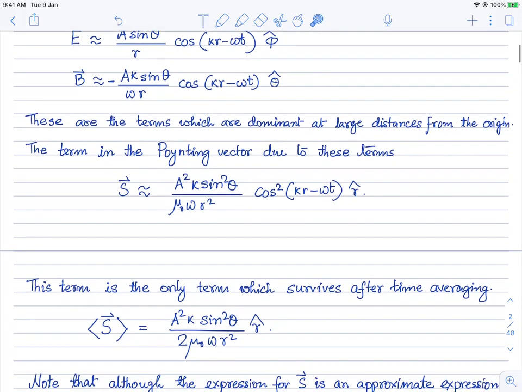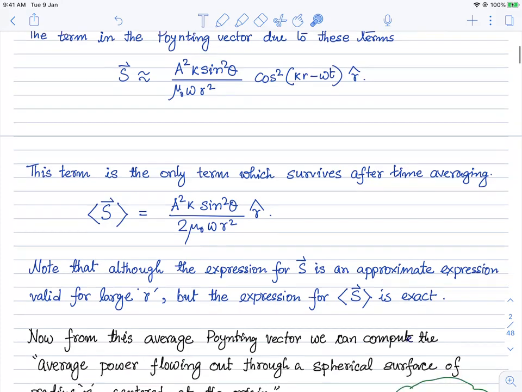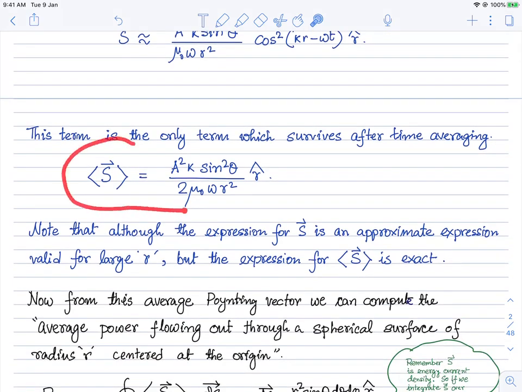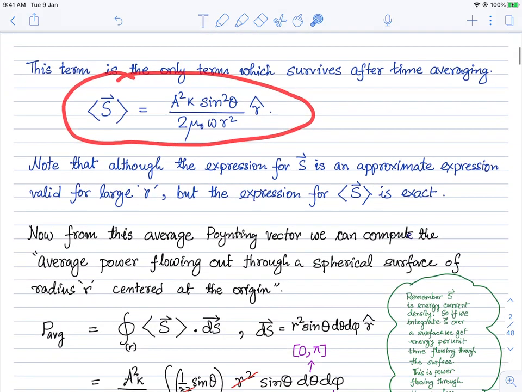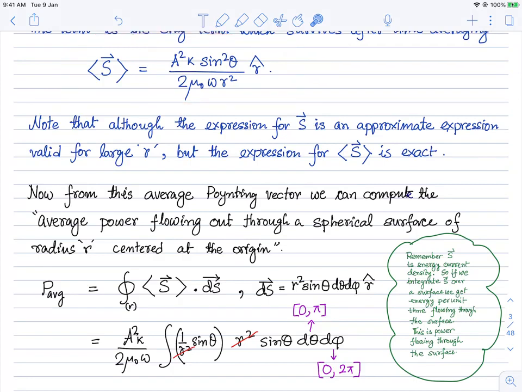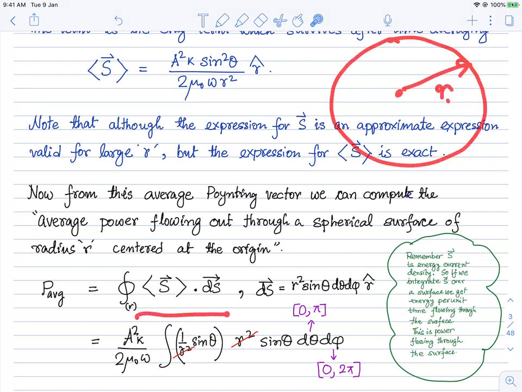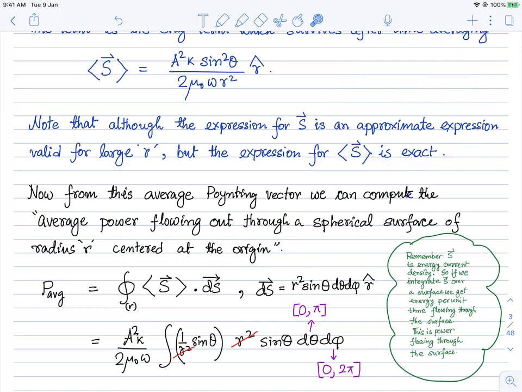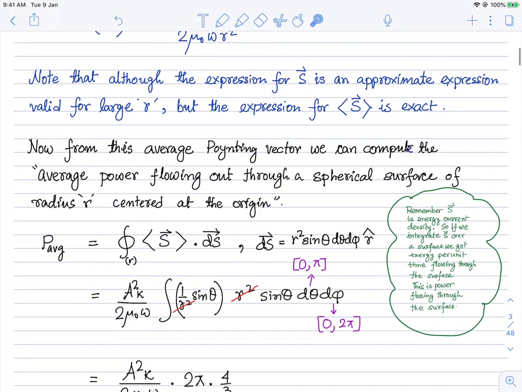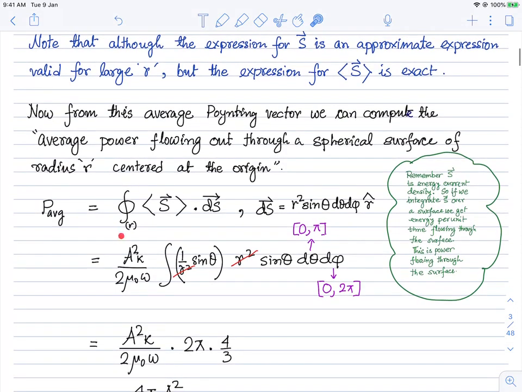Now, with this time averaged Poynting vector, if we try to compute the total power that is moving out through a surface of radius r, so let's say here is the origin, I consider one spherical surface of radius r centered at the origin, and try to compute the total power moving through that surface, then we will have to perform this integral.